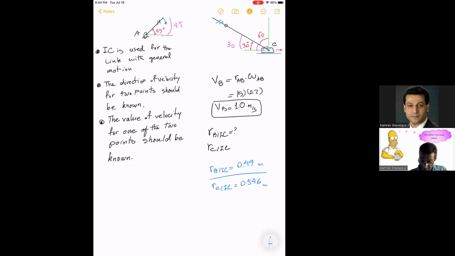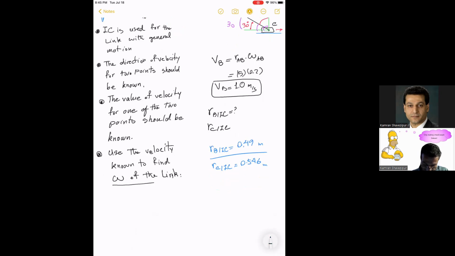Now, if we go back to this recipe that we started here, the next point will be to use the known velocity to find omega of the link. What that means is this.